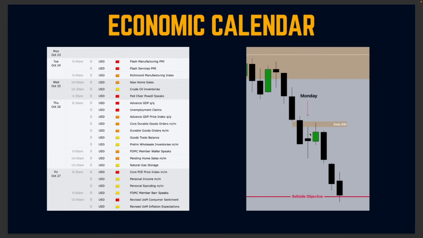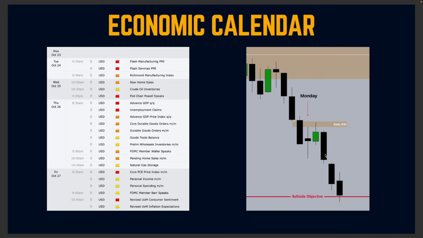If we have red folder news early in the week, it's reasonable for it to be utilized as the reason we go and get premium inefficiency in this case, or the reason that it acts as the manipulation phase. So you can see Tuesday, red folder news, PMI, sends us up, traps longs, and is just delivering to this inefficiency. Okay.